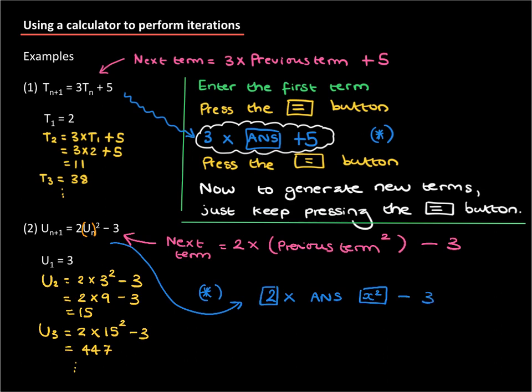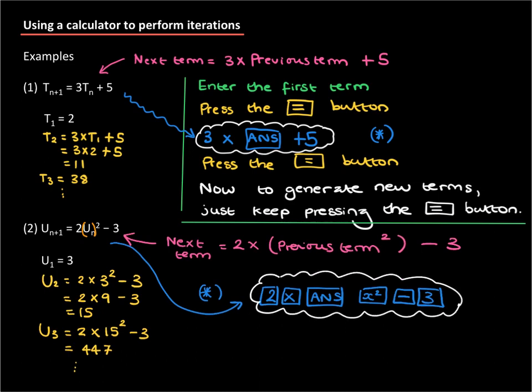So 2 multiplied by answer squared and then subtract 3. So that's the iteration formula that you're going to set up on your calculator. Of course, don't forget to enter the first term first of all, which of course is 3. So follow these instructions carefully and see if you can generate the terms of the sequence.